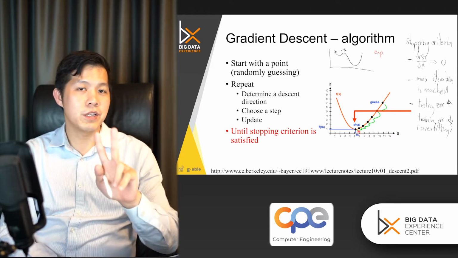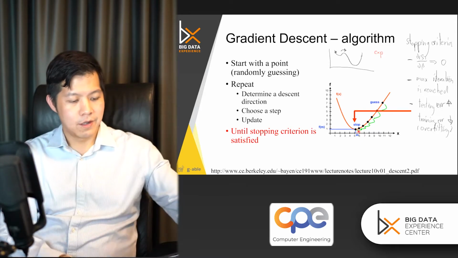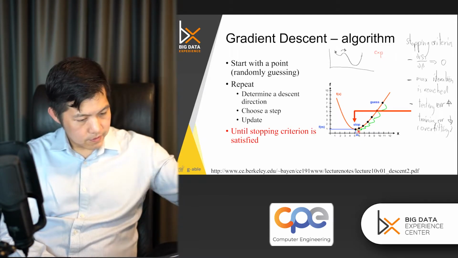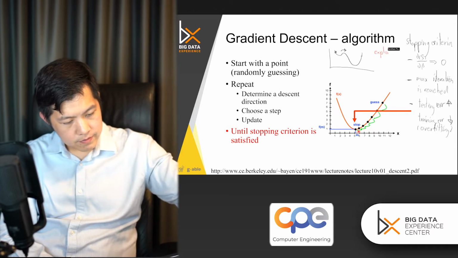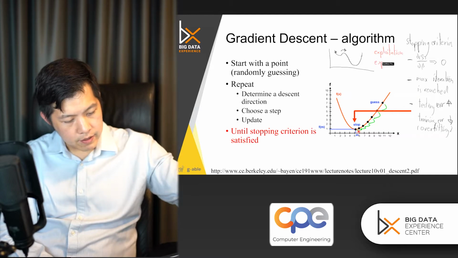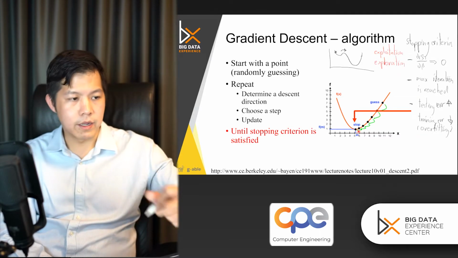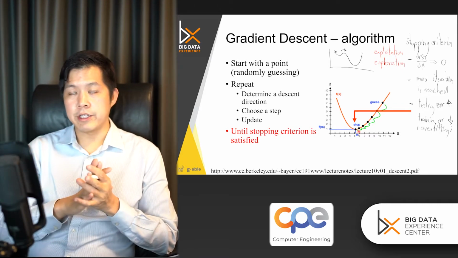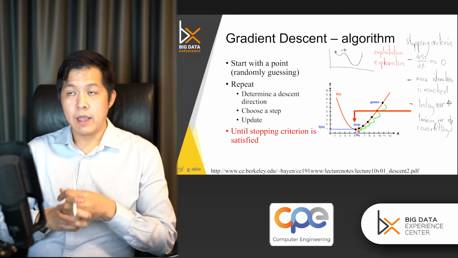Using optimization, we need to balance between two factors. First is the exploitation factor, and another one is the exploration factor. You need to balance between exploration and exploitation.